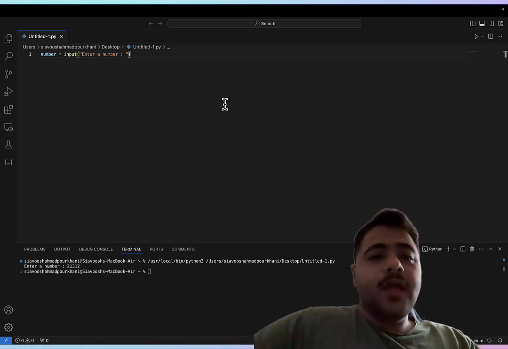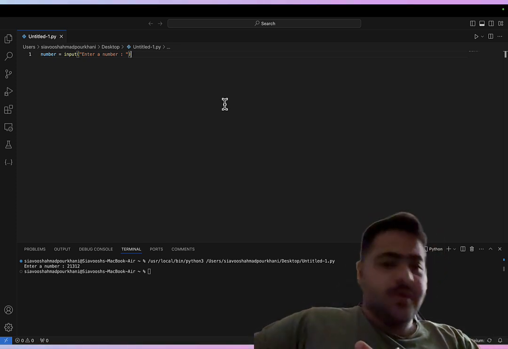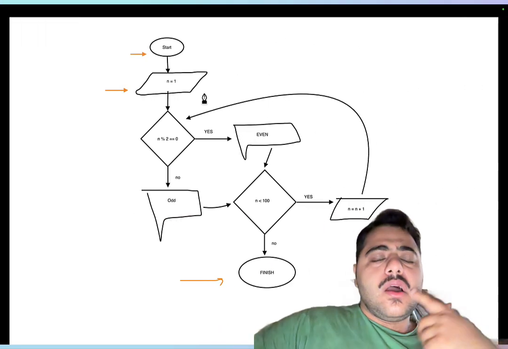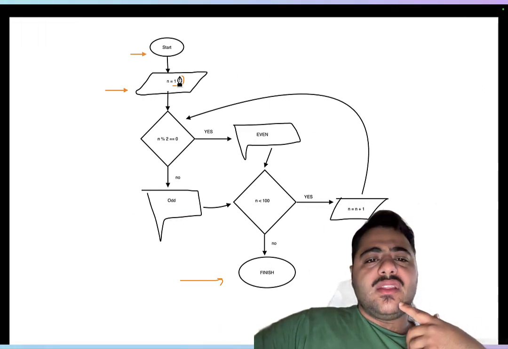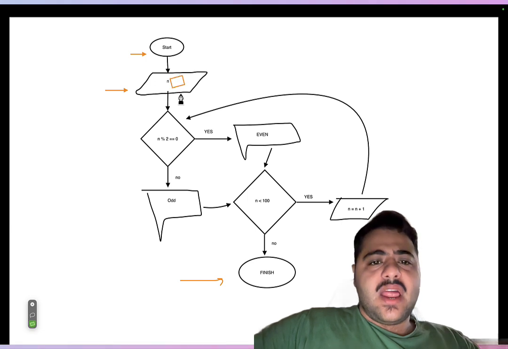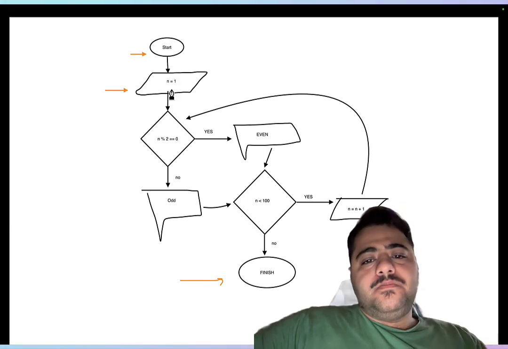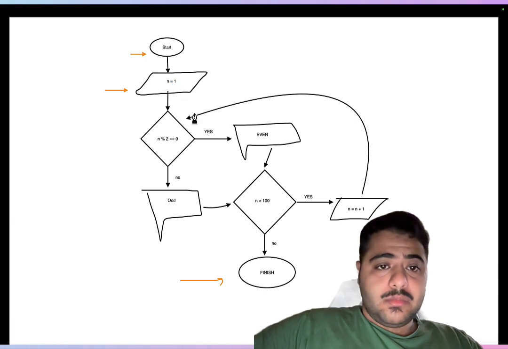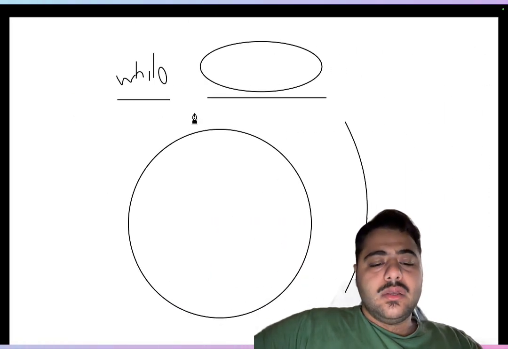Alright, so let's talk a bit about data types. Data types are the kind of data we pass in a variable. For example, it could be a number, but numbers are of two kinds in Python. Let's delete those.